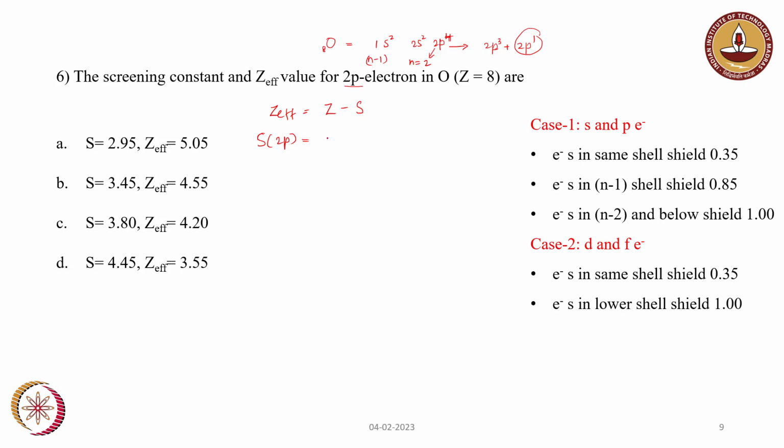So from this, electrons in the same shell will be 0.35. That is 0.35 into 3 for 2p, plus there are 2 electrons in 2s. So electrons in the same shell again 0.35, that is 0.35 into 2, plus in the n minus 1 shell it's 0.85.